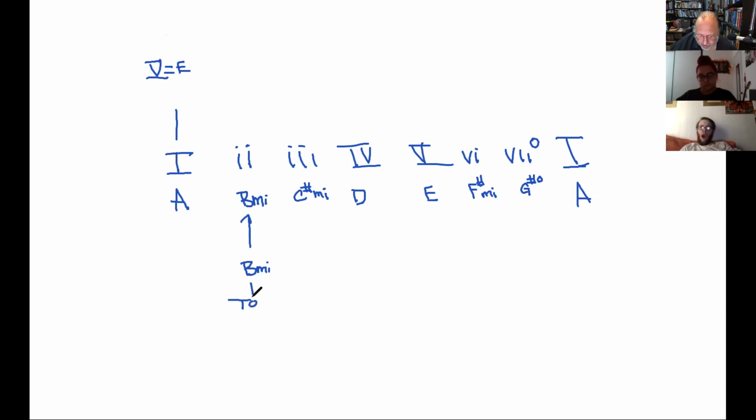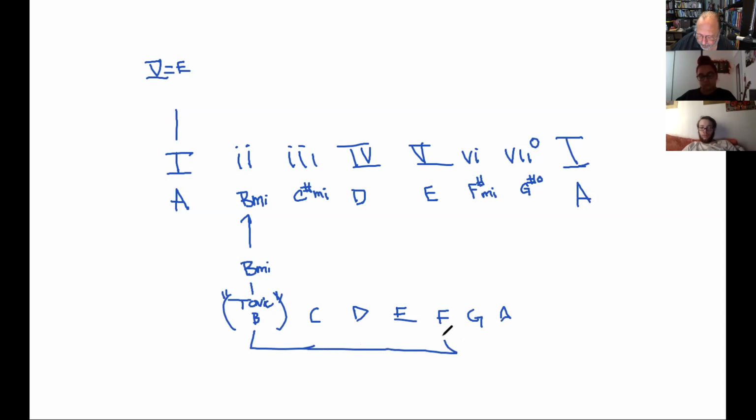B is tonic. I'm calling it a tonic. So now we count up 5, B, C, D, E, F, G, A, right? 1, 2, 3, 4, 5 to F, right?